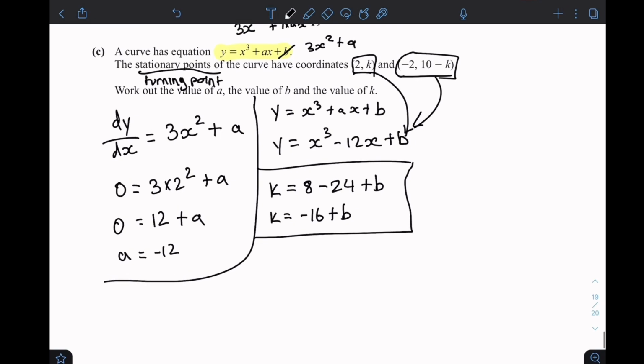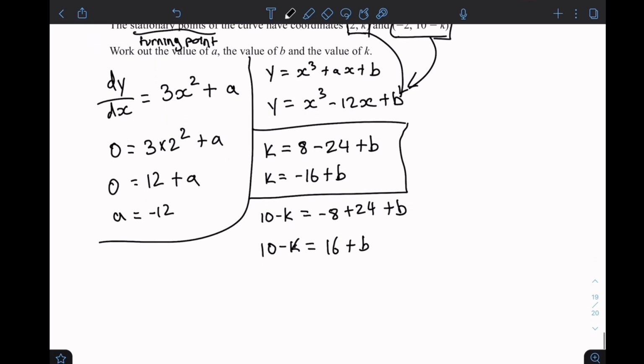If we substitute the other one, 10 minus k is equal to -2 cubed, which is -8, and a is -12, so -12 multiplied by -2 is +24, and you add that to b. So 10 minus k is equal to 24 minus 8, which is 16, plus b.